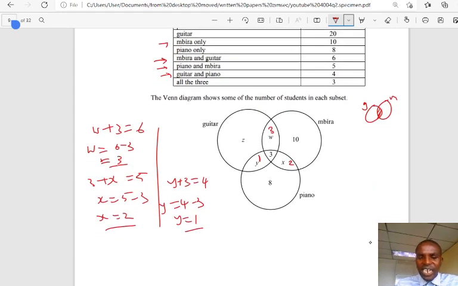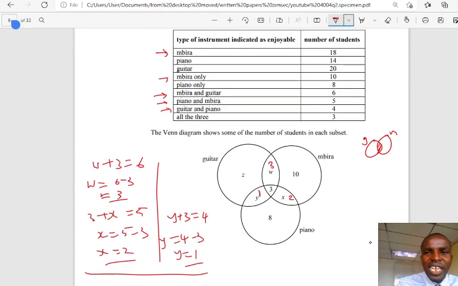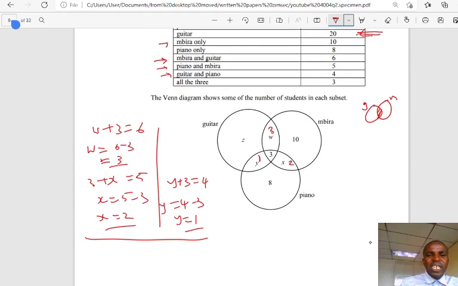How can we get Z? Right, for Z, we now use the set of guitar. We go up there where there's guitar here. Set for guitar, there are 20 in total. So W plus 3 plus Y plus Z is equal to 20.